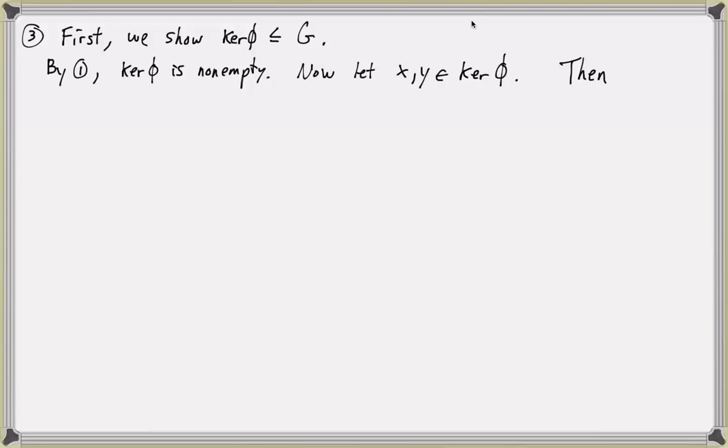So to show that x y inverse is in the kernel of phi, we're going to take phi of x y inverse and show that this has to equal the identity of H. So this equals phi of x times phi of y inverse. Then by property 2, this equals phi of x times the inverse of phi of y.